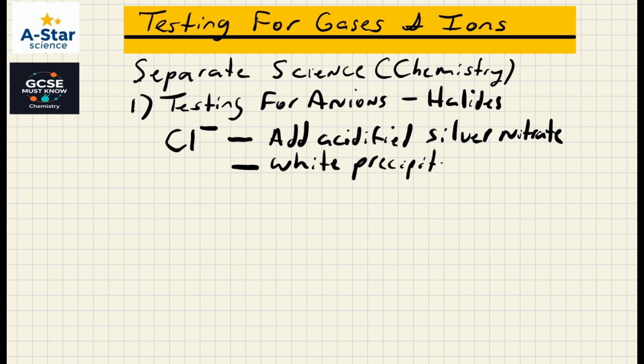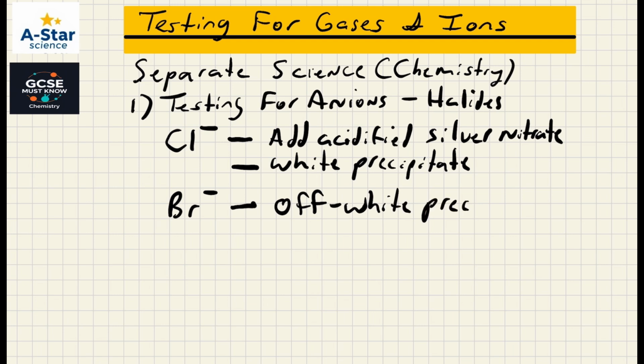Remember, we said that a precipitate is a forming of a solid in a liquid. We can do the same thing with acidified silver nitrate. And if bromide is present, remember, we're not talking about bromine or chlorine, we're talking about chloride and bromide. If bromide is present, an off-white precipitate will form.